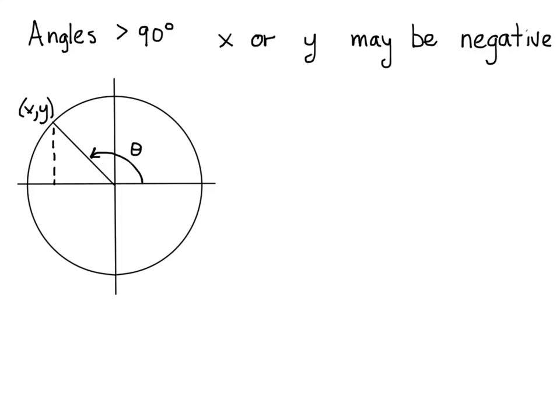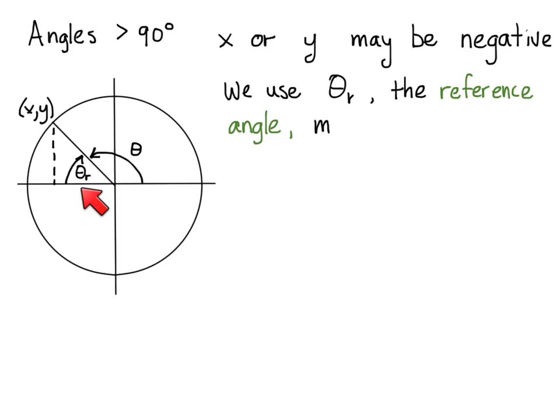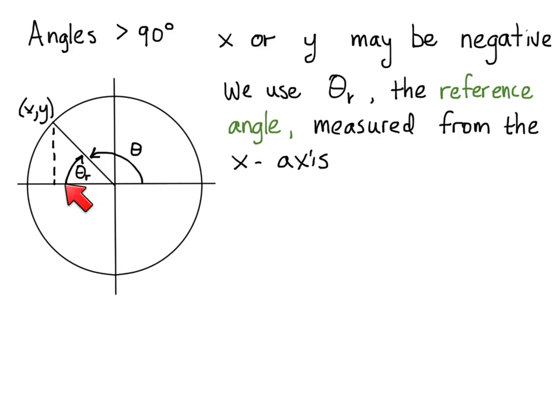Let's say if we have, you know, on the unit circle this coordinate pair x and y, I can define this other theta sub r as the reference angle. And so by using the reference angle, I can calculate all my values of sine, cosine, tangent, by using these dimensions in here, and that will give us the values of sine, cosine, tangent for the actual angle.